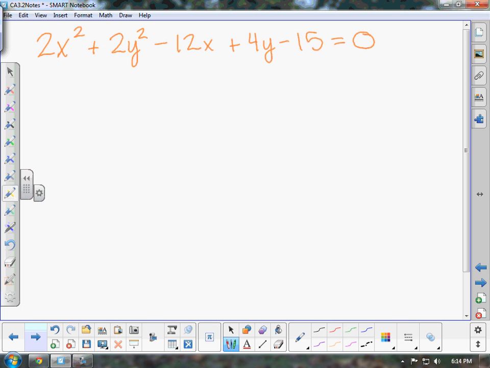Now then, taking an equation like this and trying to figure out what the radius and the center of it would be, you are going to have to go through and do a bunch of different steps. And that process involves completing the square.